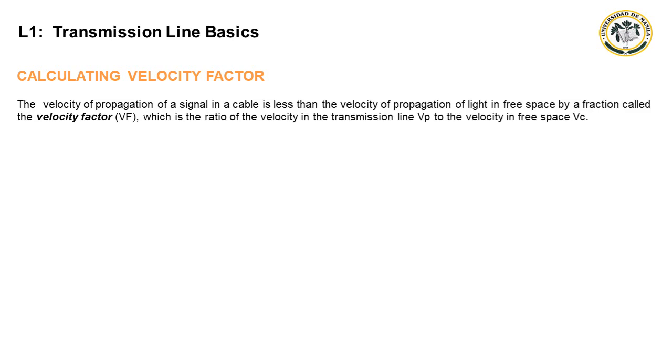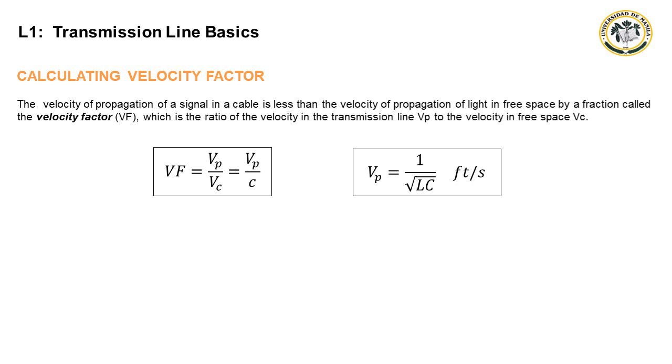The velocity of a signal in a cable is less than the velocity of propagation of light in free space by a fraction called velocity factor. Velocity factors in transmission lines vary from approximately 0.5 to 0.9.